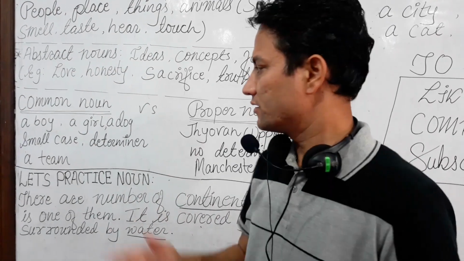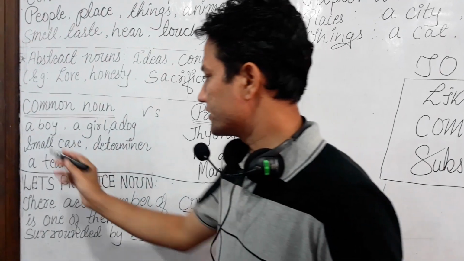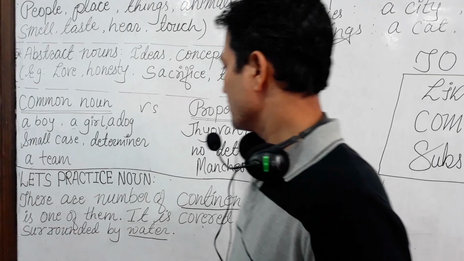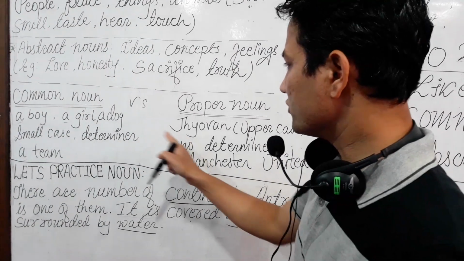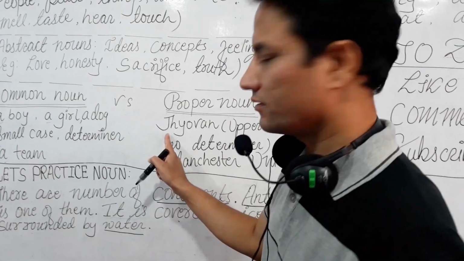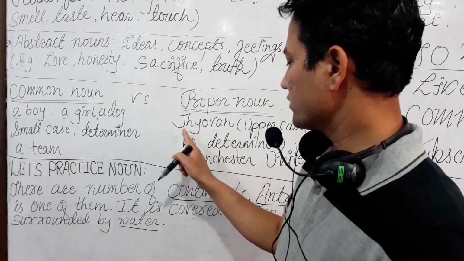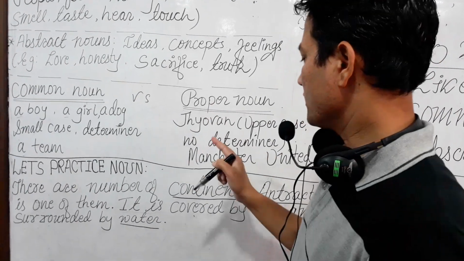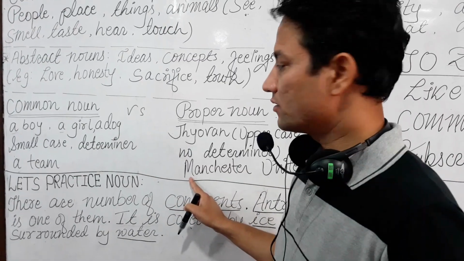Another difference is that with a common noun we have to use a determiner. However, with a proper noun we do not use a determiner. And we have to capitalize when we write a proper noun.